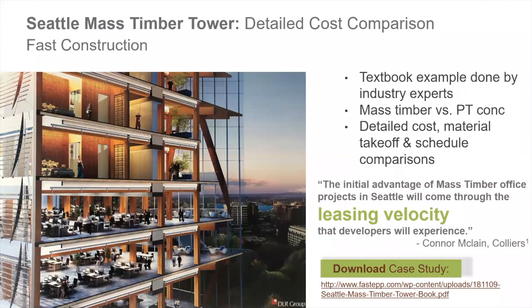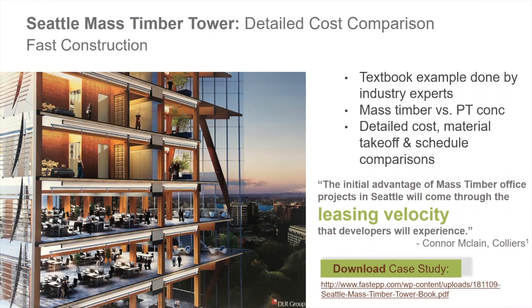Accurate construction cost comparisons between different structural systems are difficult to obtain, as complete designs are required for both systems. So that's often time-consuming and cost prohibitive. Prepared by industry experts, we have this case study that works for comparing the cost of a mass timber and a PT concrete system.